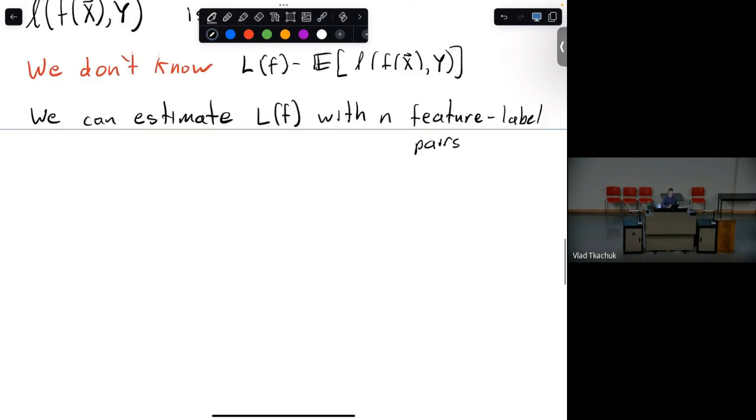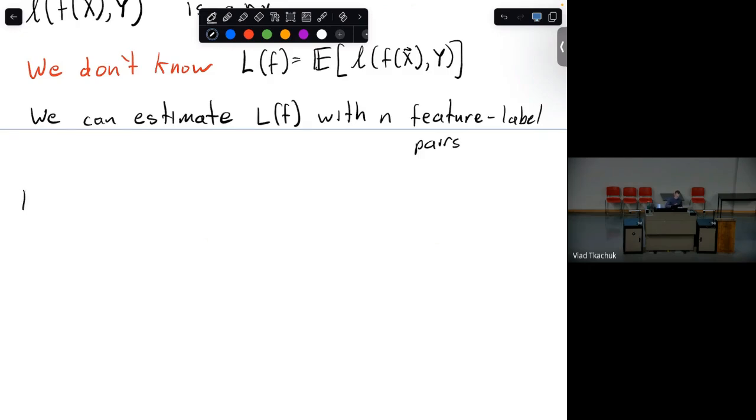Before we introduced this random variable of n coin flips, now we introduce this random variable of n feature label pairs. What did we call it? We called it the data set. This thing looked like n feature label pairs. Oh, these are random variables.